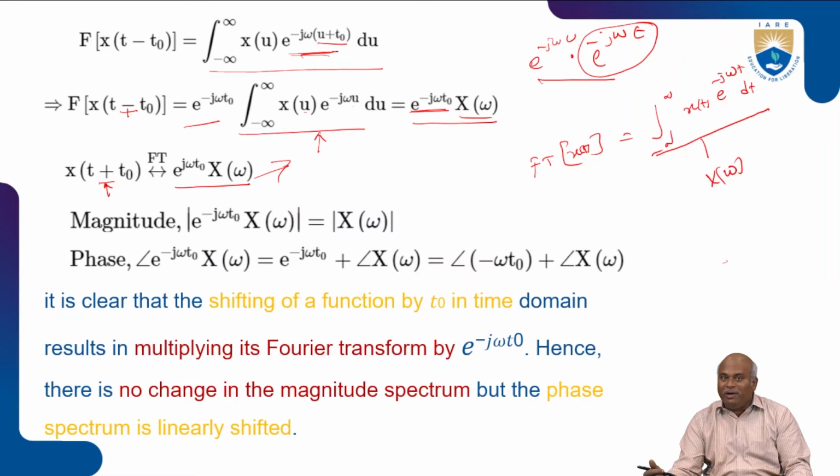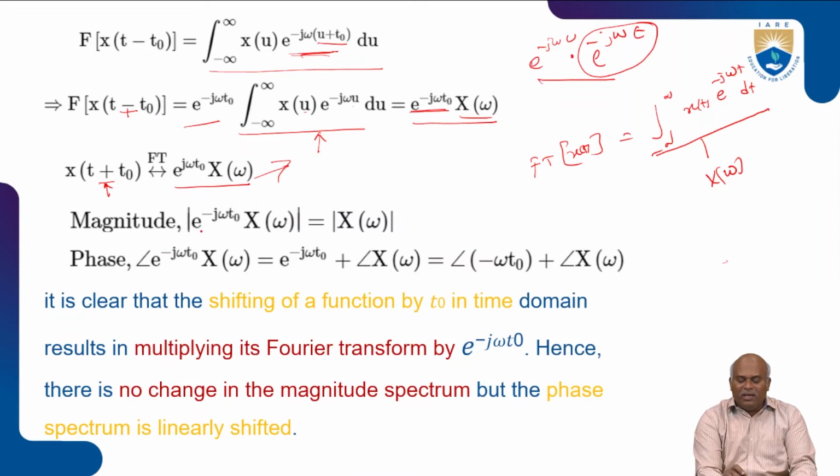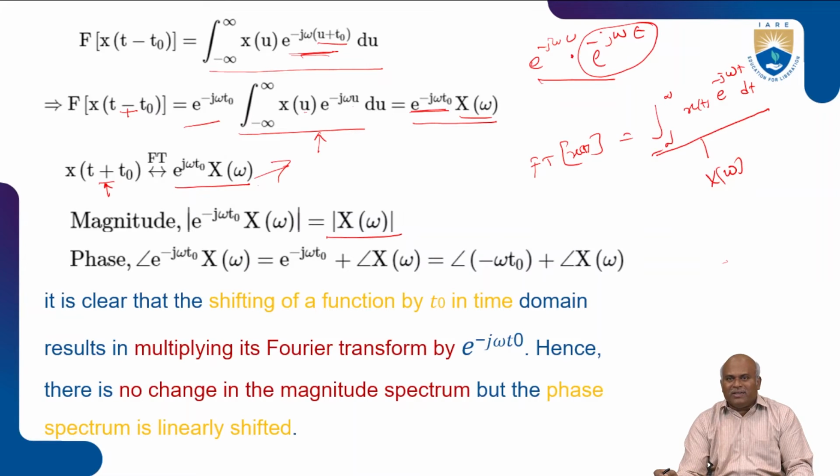We need to identify where the exact position is for our spectrum case. The magnitude value of the signal is represented as the mod of e power j omega t0 X of omega. That e power j omega t0 is represented as an oscillation, so we take only the mod of X of omega. Next, if we take the phase, what will happen?